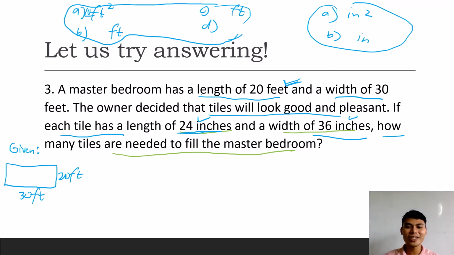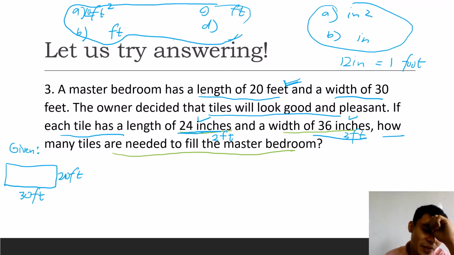The idea of conversion: 12 inches is 1 foot, so 24 inches is 2 feet. How about 36 inches? 3 feet. See? The idea of conversion is here. I should have put it in the essential skills. The fundamentals of mathematics must be mastered by you.